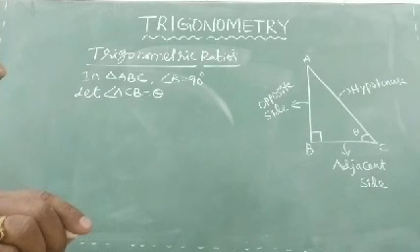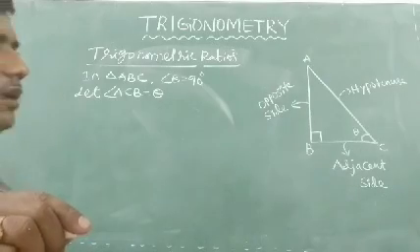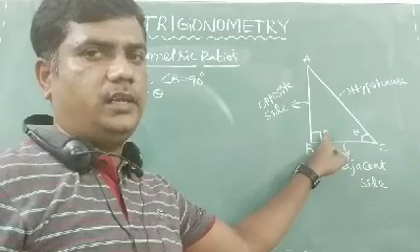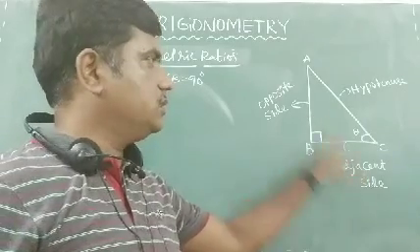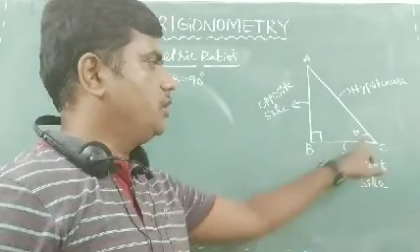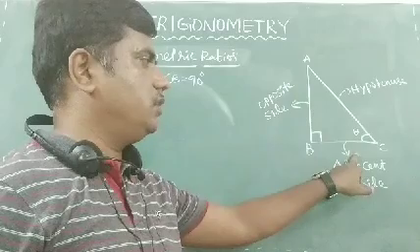So we have three names for the three sides of a right angle triangle: hypotenuse, opposite side, and adjacent side. Hypotenuse is always exactly opposite to the 90 degrees angle, but the adjacent side and opposite side may interchange. When you take the angle here, we get the opposite side here and the adjacent side here.